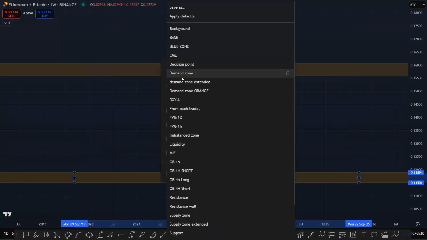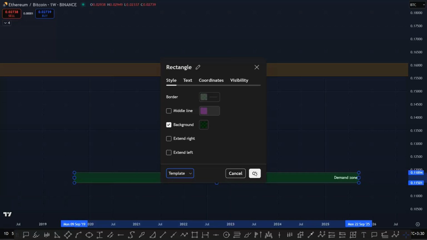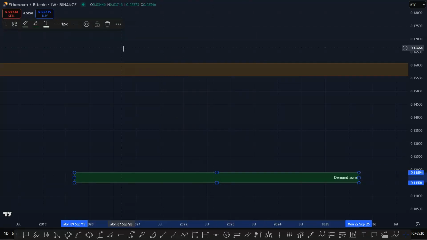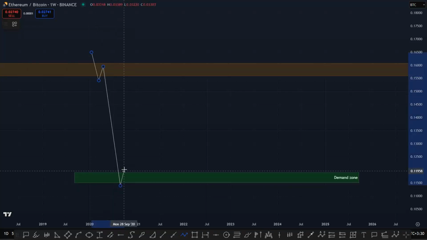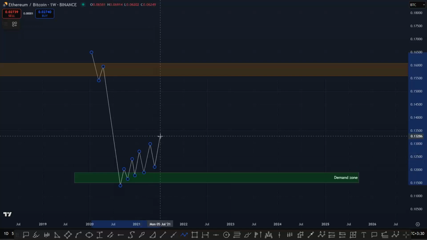Let me turn it to this one. So imagine this is a supply zone, this is a demand zone, and for example, we're moving like this, and we pierce it down.